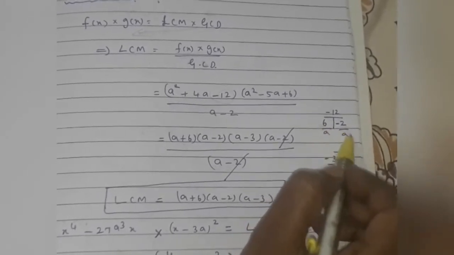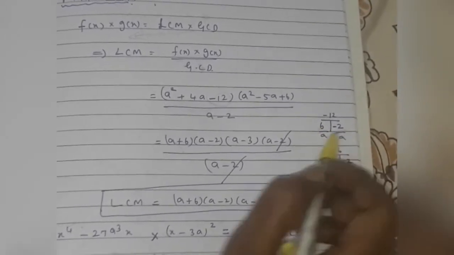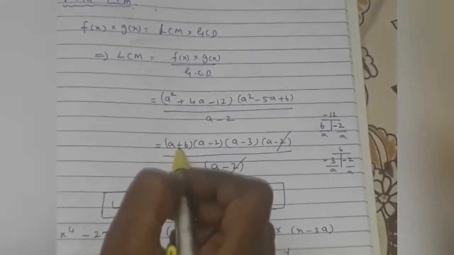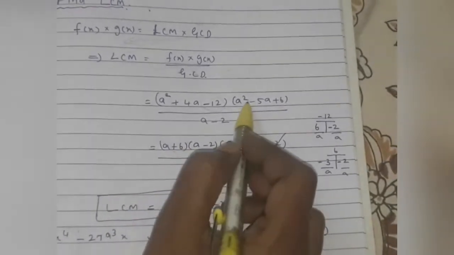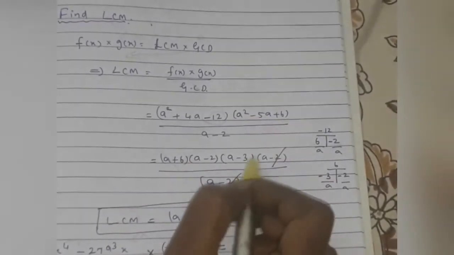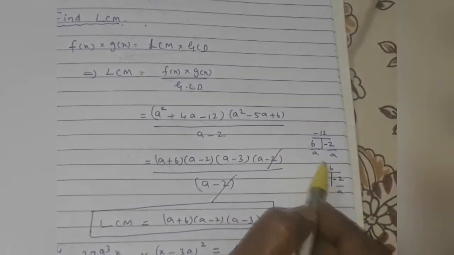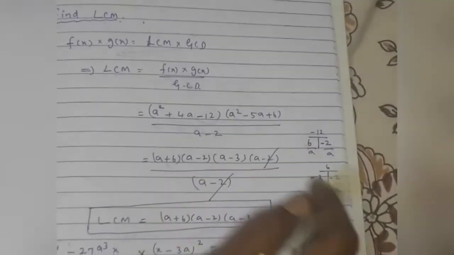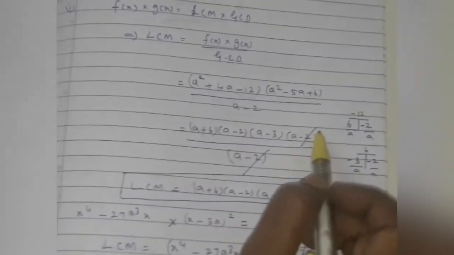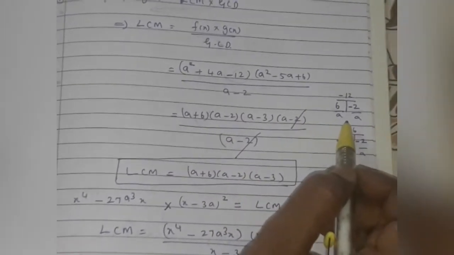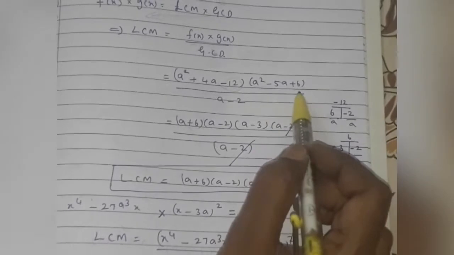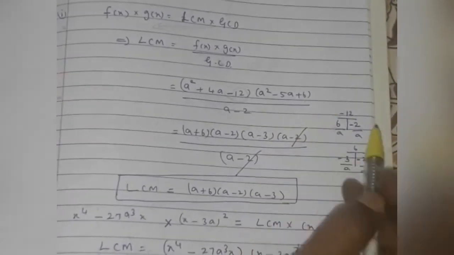So a plus 6 into a minus 2. This can be factorized like this, a plus 6 into a minus 2, and this can be factorized as this thing. The last term is 6. You have to find the factors of 6 such that if you add the factors you get minus 5, and if you multiply them you get 6.